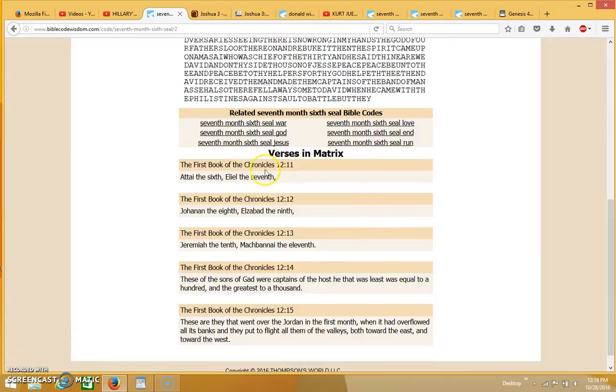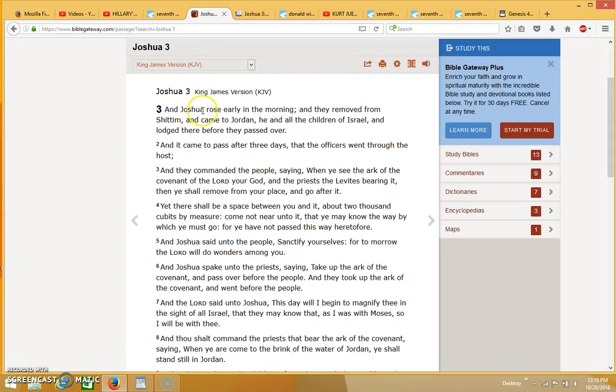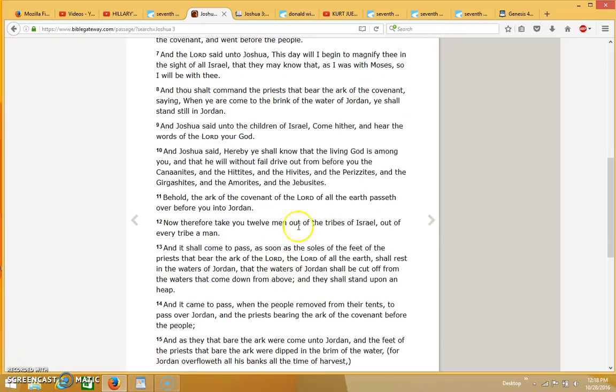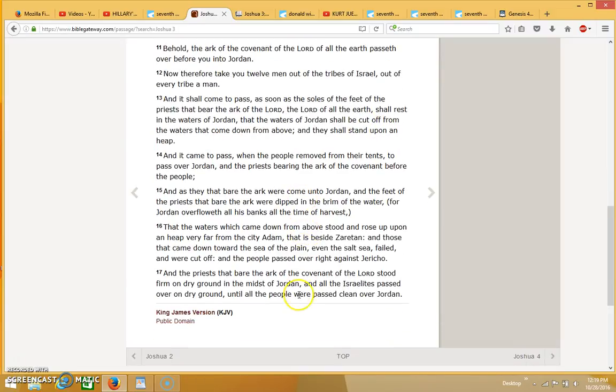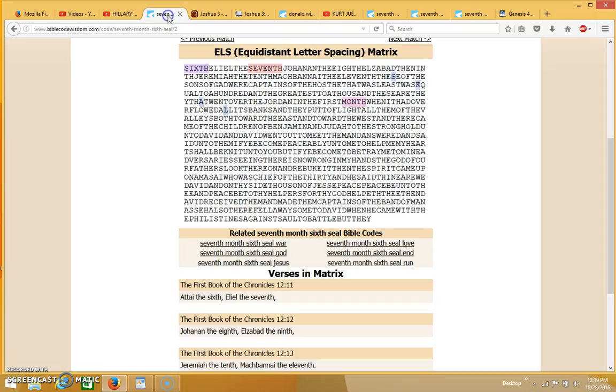This first one right here is in the book of Chronicles, and this is really amazing because in the book of Chronicles it's actually talking about what took place in Joshua 3, where it talks about Joshua, or Yeshua in the Old Testament, where he led the people, and there was a miracle with the Jordan River where the land was dried up, just like with Moses and the Red Sea, and the people were able to pass through the Jordan and into the Promised Land.